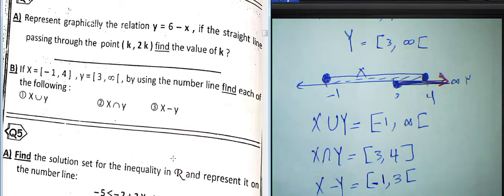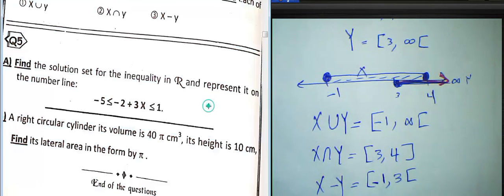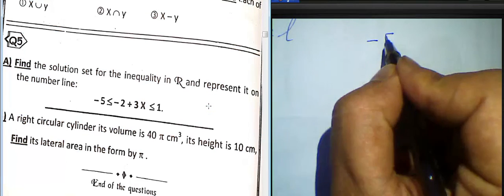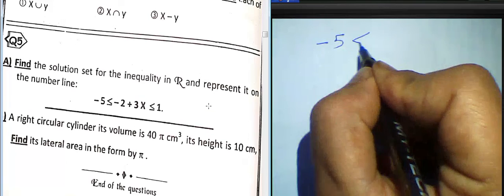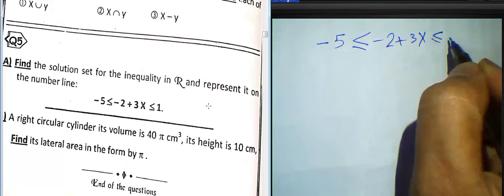Question number 5. Find the solution set in R of the inequality and represent it on the number line. Okay, look with me: -5 less than or equal to -2 plus 3x less than or equal to 1.